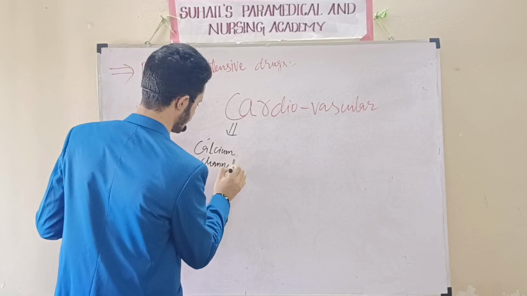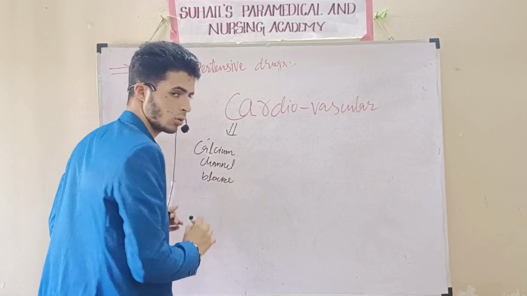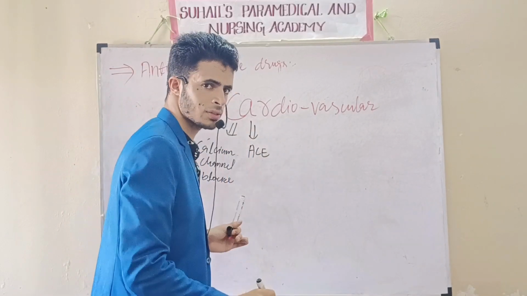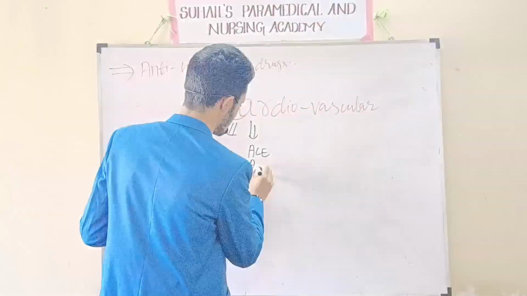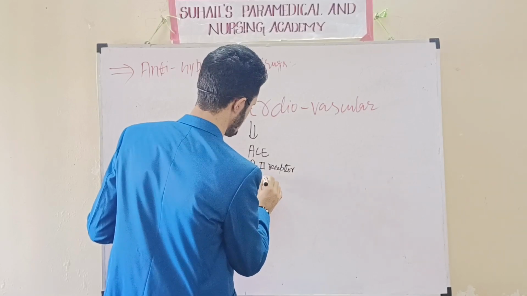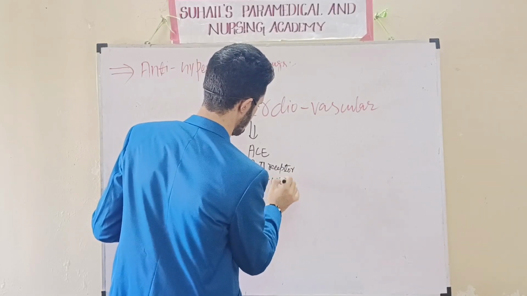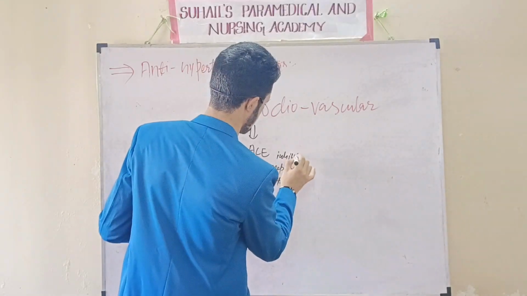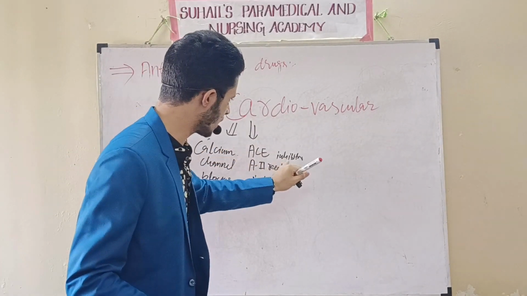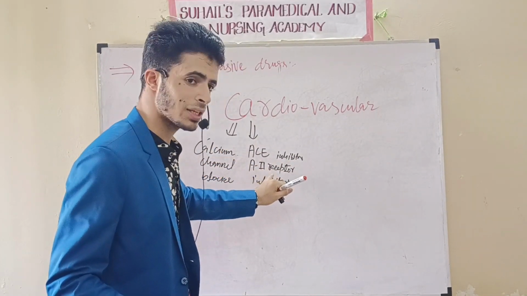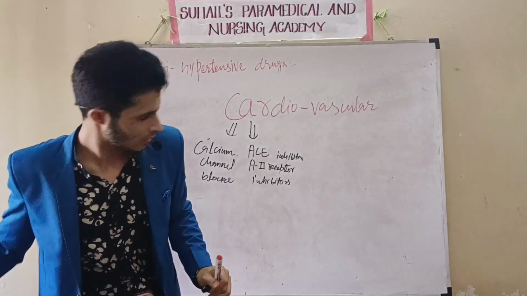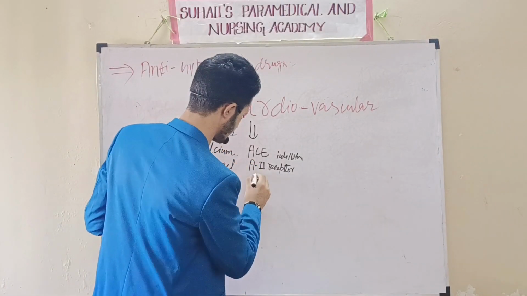A for two: one is angiotensin converting enzyme inhibitors, another is angiotensin second receptor blockers.